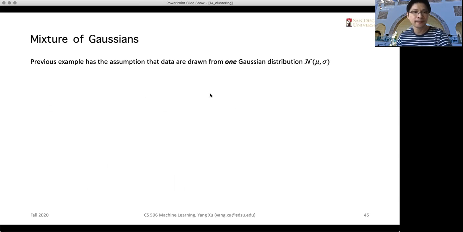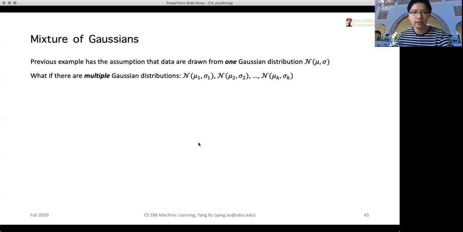Based on the assumption from the previous example, say the data can be from one Gaussian distribution, and then we can simply have multiple Gaussian distributions, which are defined by different mu's and sigmas respectively. We can have k Gaussian distributions, and each of those k distributions has its own mean values and sigmas.